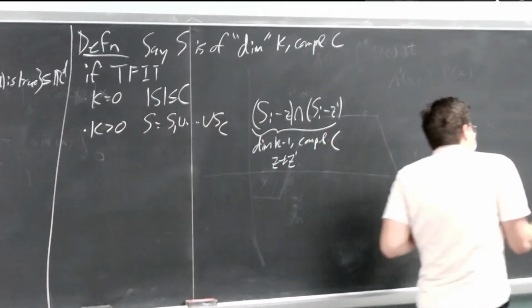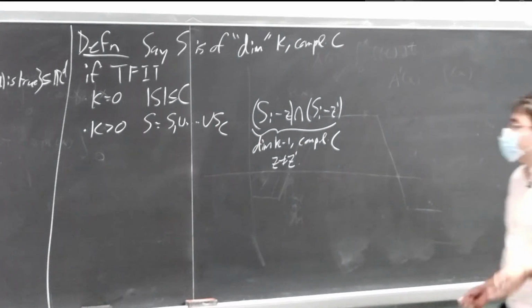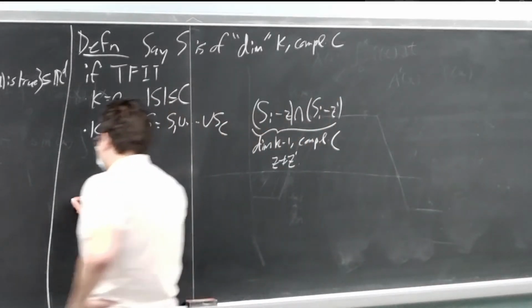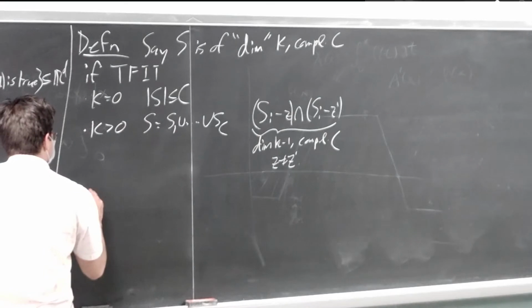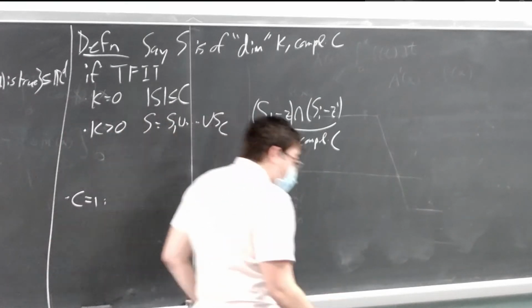Now, what is the motivation for this definition? Well, let me say what this definition says when C is equal to 1, and then it'll motivate what I'm doing over here.